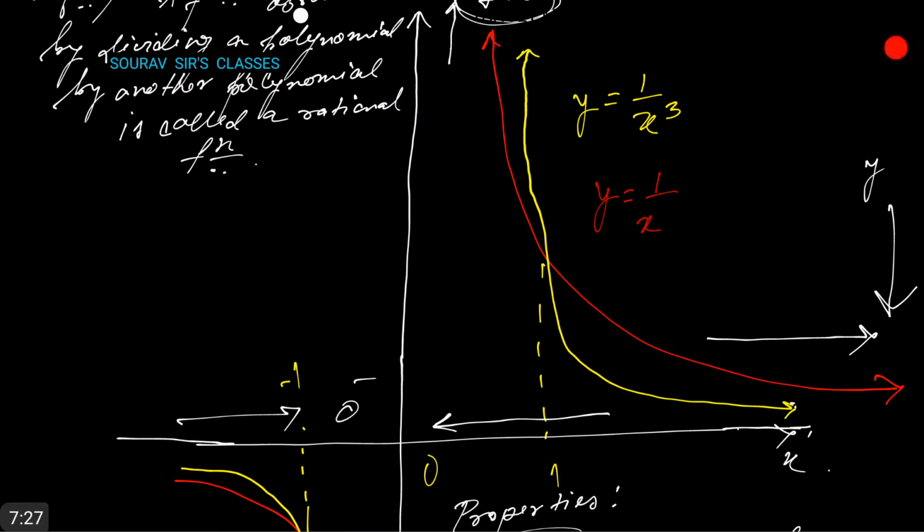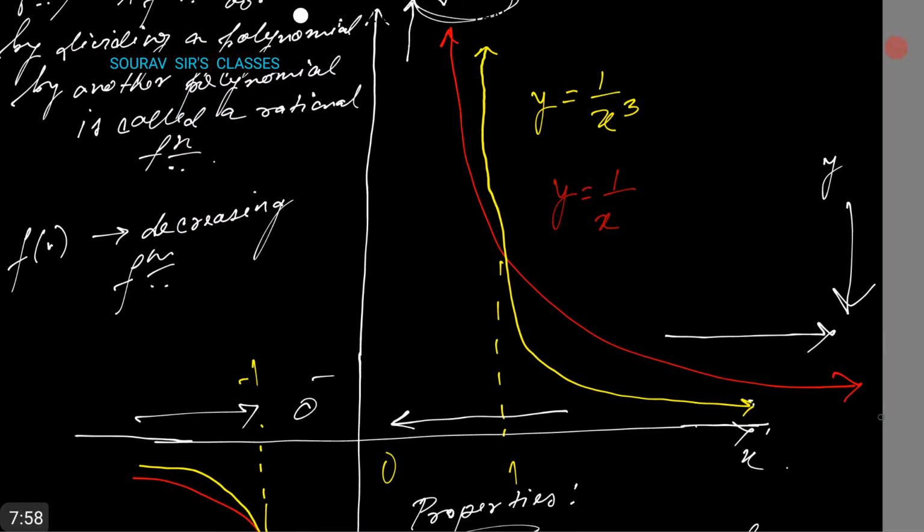This is y, which is decreasing and decreasing, going down and down to 0.